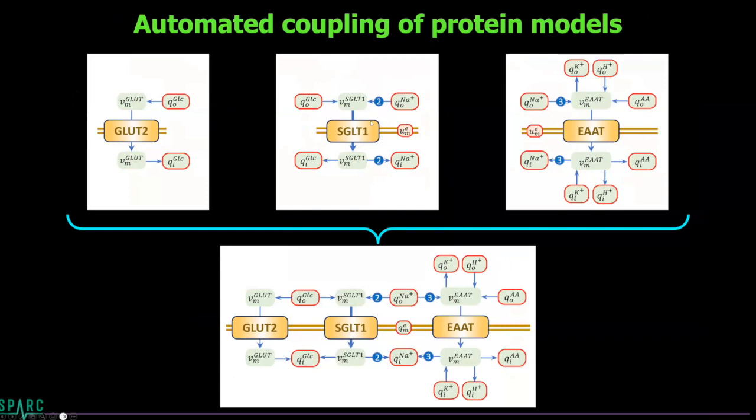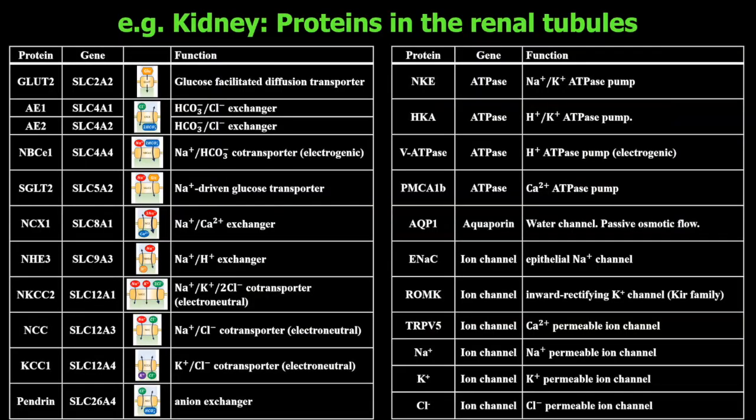So GLUT2 and SGLT, for example, are sharing a glucose source both on the outside of the cell and the inside. Likewise, other transporters would be sharing sodium. And so we've got the ability to automate the process of combining these transporters and then begin to build higher level structures. So for example, in the kidney, these are the SLC proteins involved, or at least some of them, and then also involving ATPase, ion channels, and aquaporins.